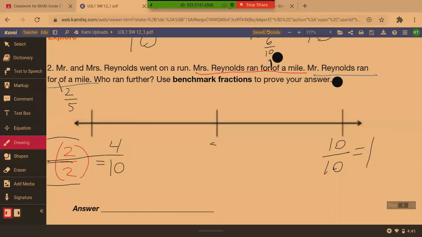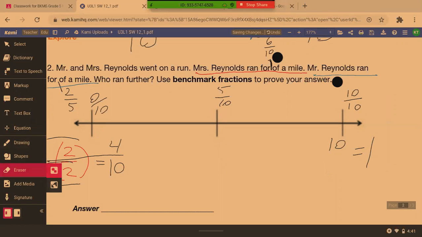And then halfway, that could be 5 out of 10. And over here, at the beginning, that's going to be 0 out of 10. I'm going to put this at the top so that everything is even. I am paranoid like that. There we go. So everything is the same.